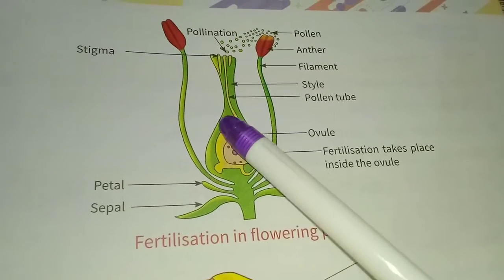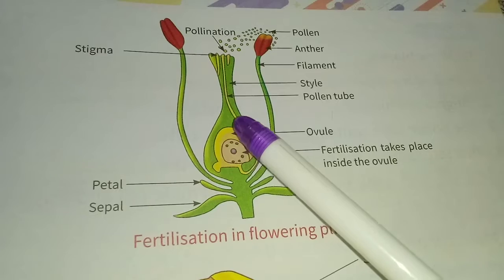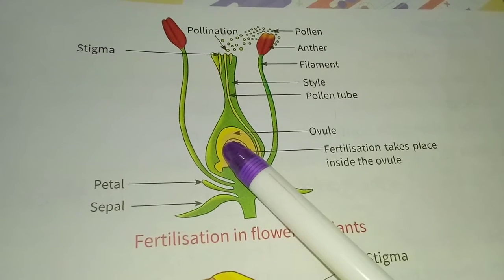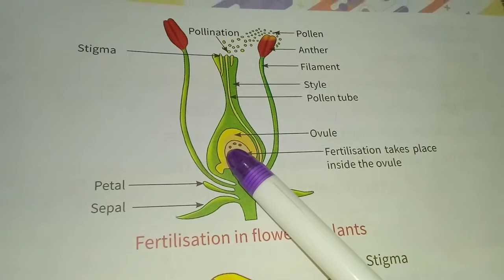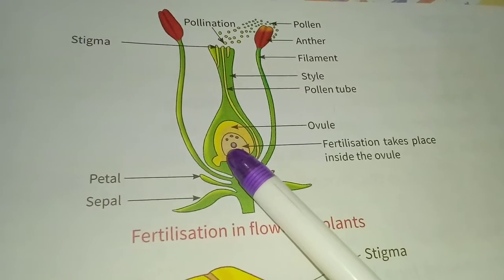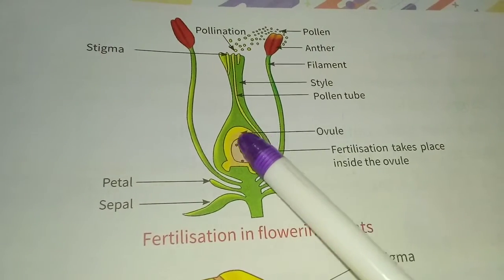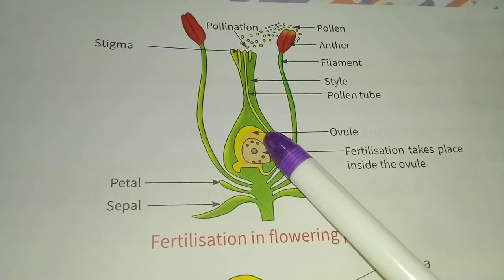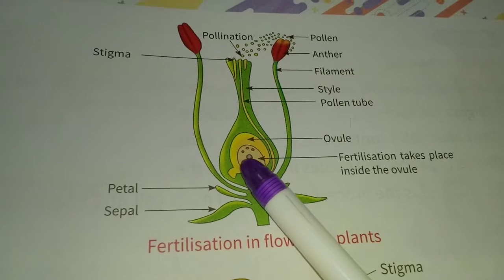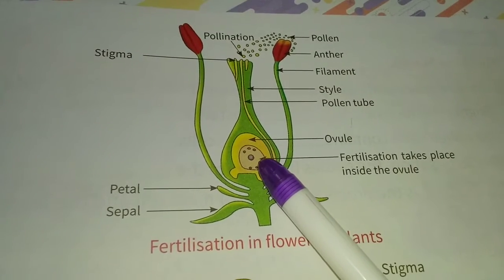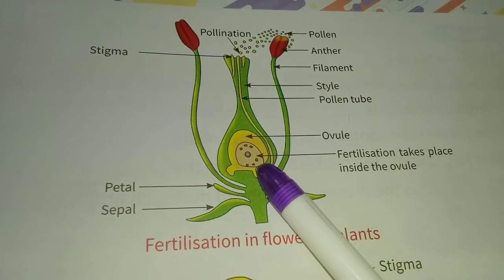The pollen tube extends to the ovary through the pistil. The pollen tube containing male cells moves into the ovule.